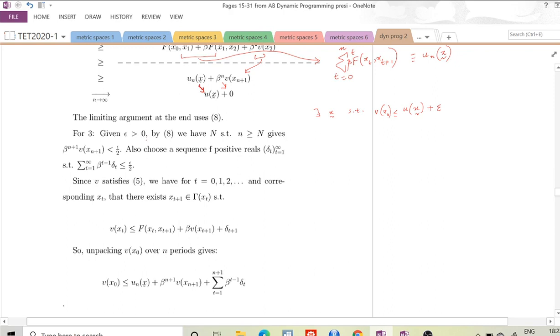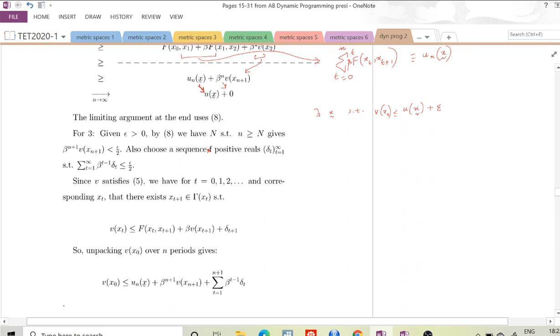So you start with any epsilon greater than 0, and we'll do the following. Choose a sequence of positive real numbers delta t going from 1 to infinity, such that when I multiply delta t with beta to the t minus 1 and add all of these up, it gives me something less than or equal to epsilon by 2, right?